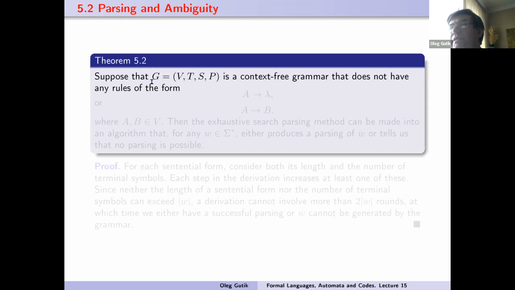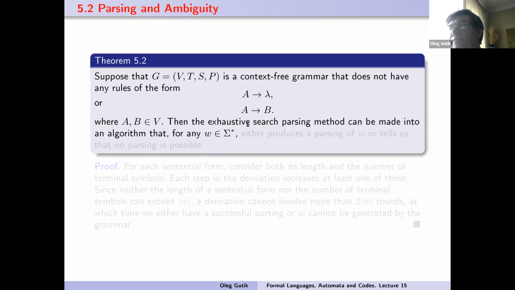Theorem: Suppose that G is a context-free grammar that does not have any rules of the form A into lambda or A into B, where A and B belong to V. Then the exhaustive search parsing method can be made into an algorithm that for any word W over the alphabet Sigma either produces a parsing of the word W or tells us that no parsing is possible.